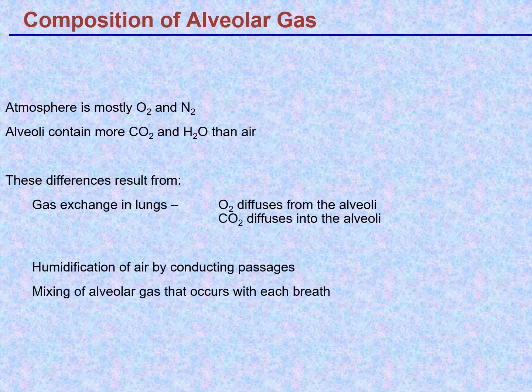Okay. Again, when we look at atmospheric air, that mixture of gases, it's mostly oxygen and nitrogen. The alveoli contain more CO2 for the reasons I mentioned earlier and more H2O, but less oxygen than air. And these differences, it's funny, it's not there. Anyhow, oxygen is lower.